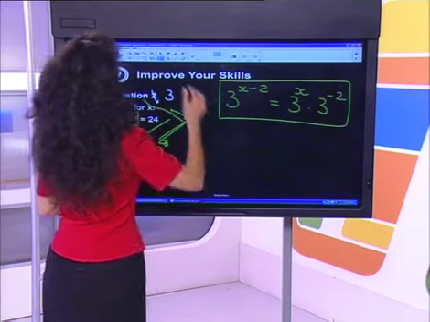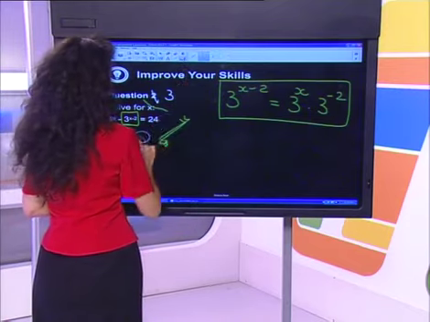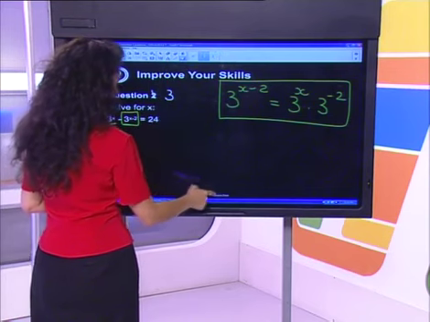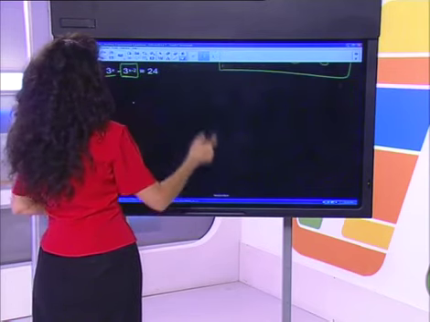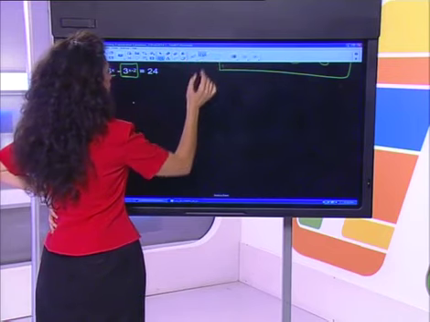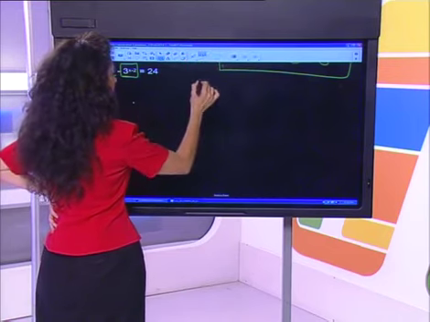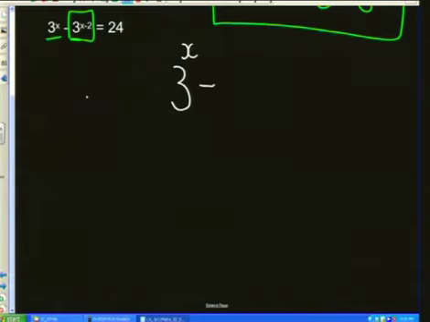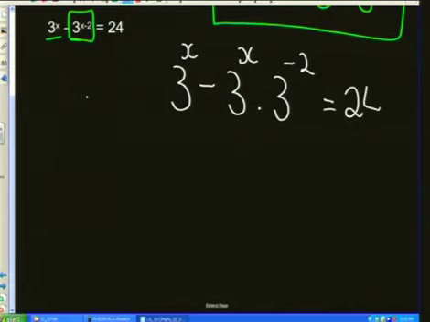So we now have, if we have to expand this, let's see, a rewrite. So it's 3 to the x minus 3 to the x times 3 to the negative 2 is equal to 24.